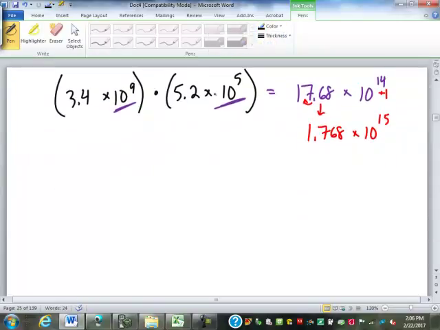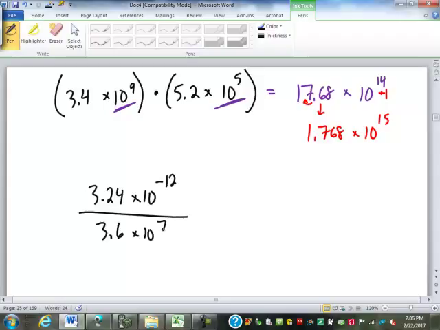And dividing is similar. We might have 3.24 times 10 to the negative 12th. I don't need parentheses on that. I don't want to put them in. Divided by 3.6 times 10 to the 7th.